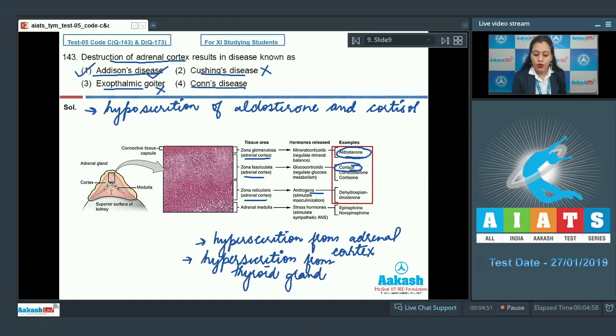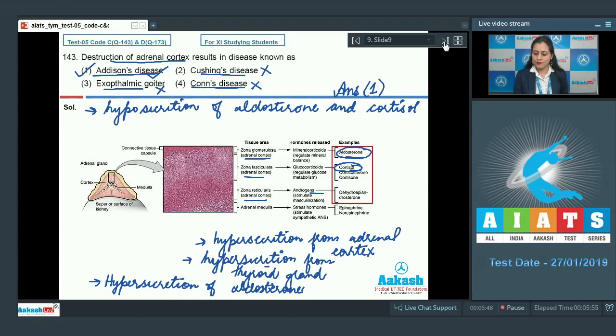And the last option, Conn's disease, is also an incorrect option because Conn's disease is caused due to hypersecretion of aldosterone. So the correct answer to this question is option number 1.